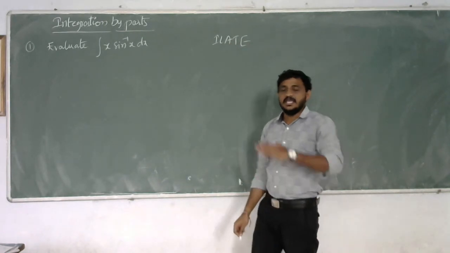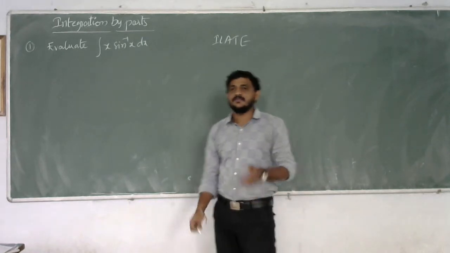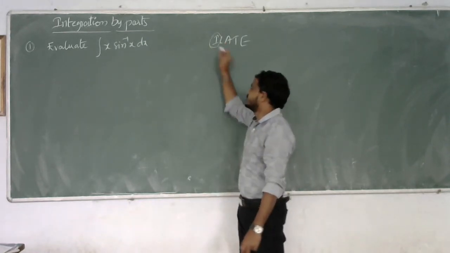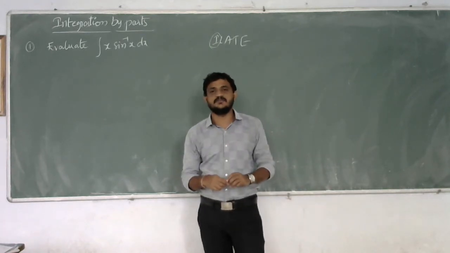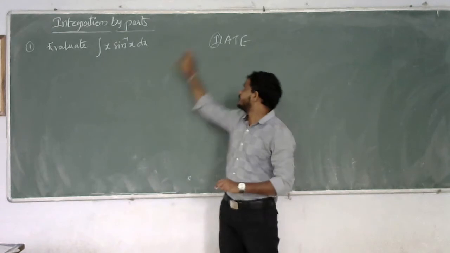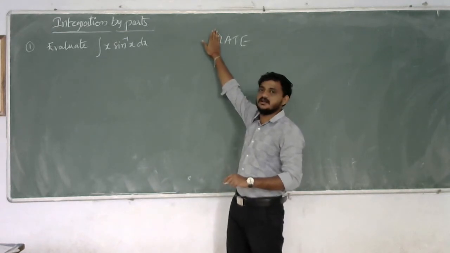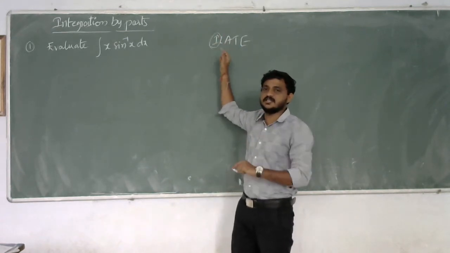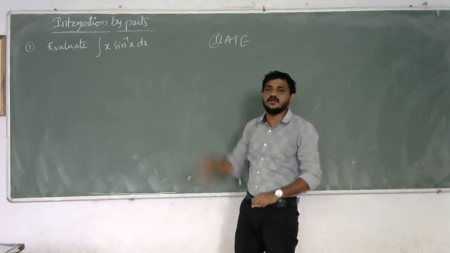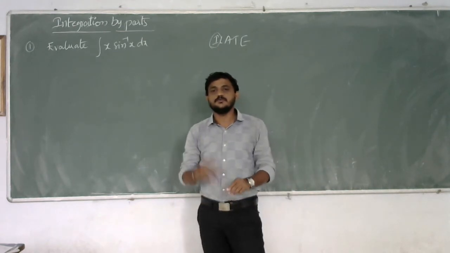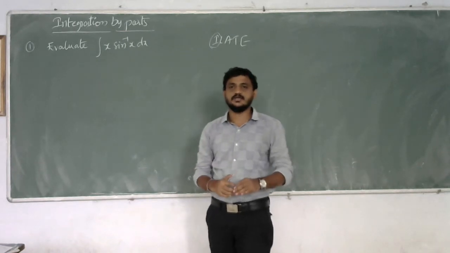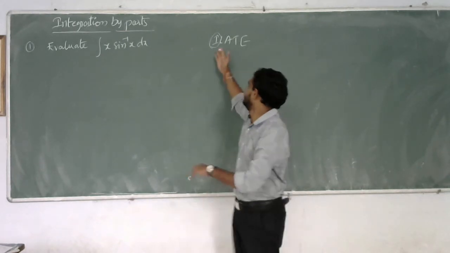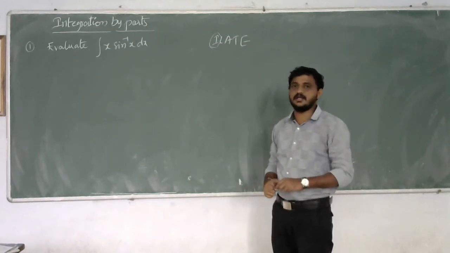That means if an inverse trigonometric function is there in the given question, we first give preference to it. If it is not there and a logarithmic function is there, then the first preference goes to the logarithmic function. First preference means we take that value as u. Similarly we follow this order.